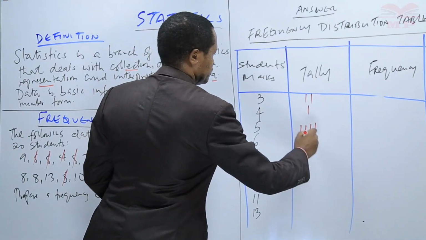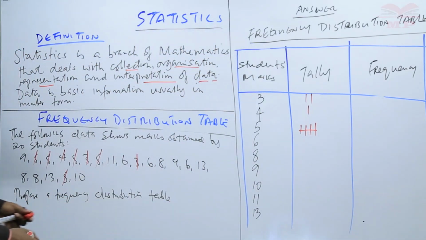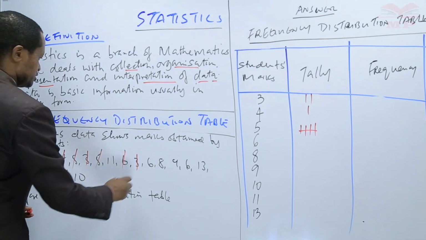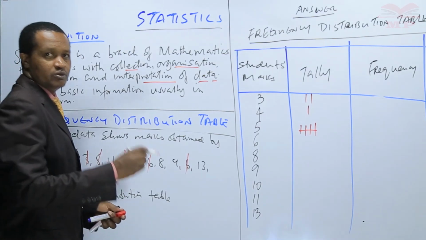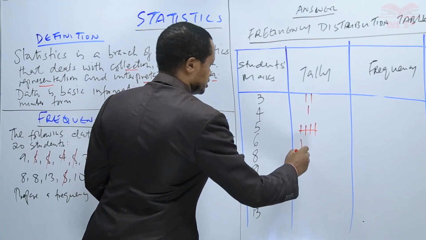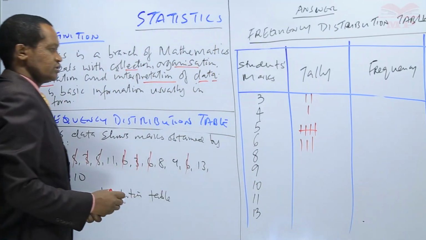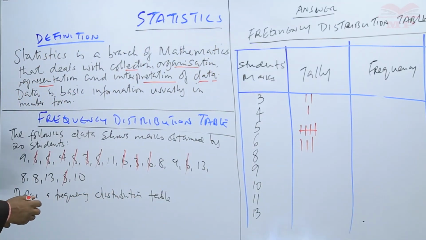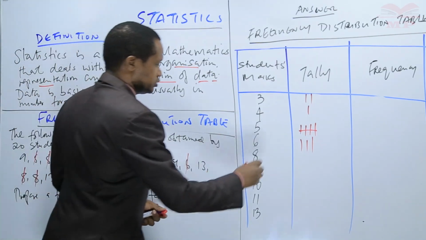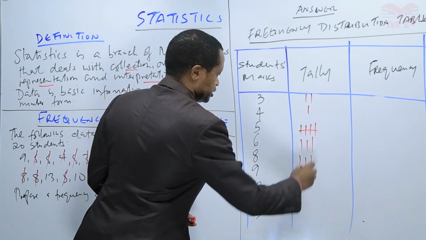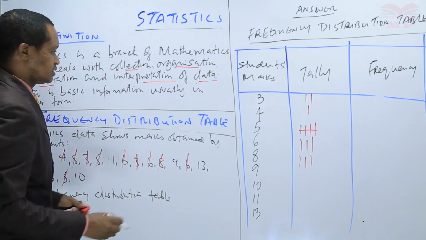How about 6 marks? 1, 2, 3. 3 students scored 6 marks. 8 marks: 1, 2, 3. 3 students scored 8 marks.